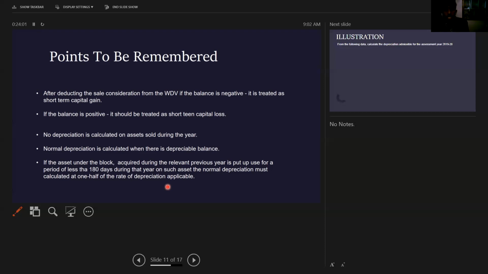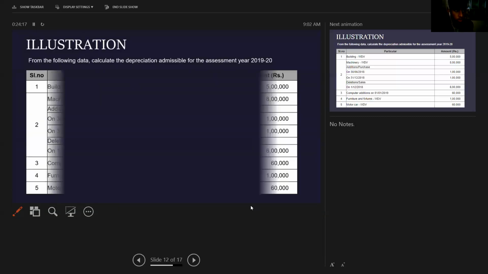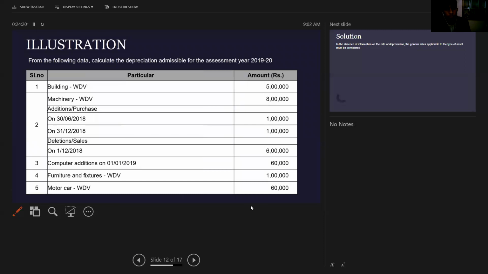So the depreciation will be calculated at only one half of the depreciation rate. For example, if the depreciation rate is 20%, we'll be calculating it at 10%, half of the depreciation rate. Getting it? Okay. Now, let's move on to an illustration for a better idea.